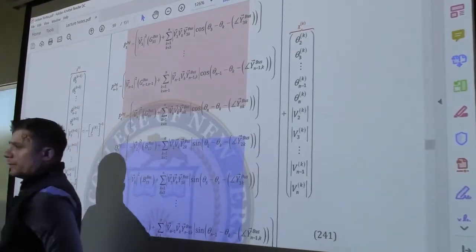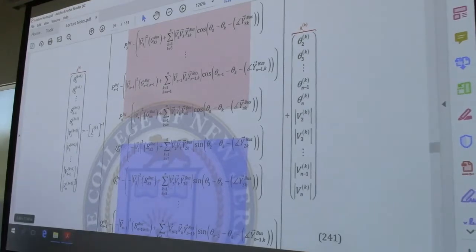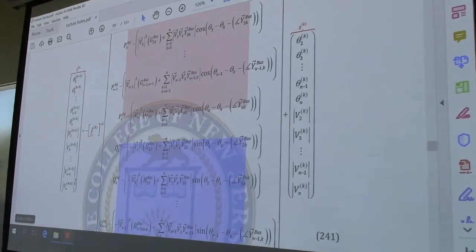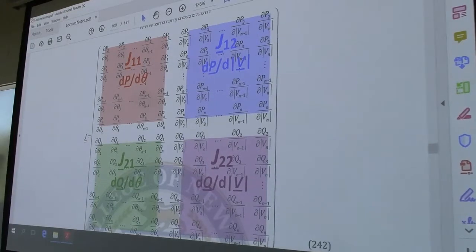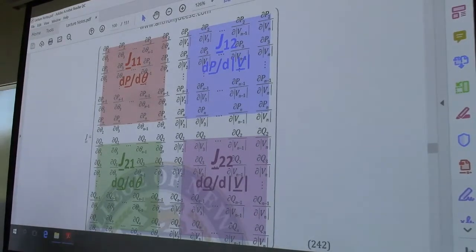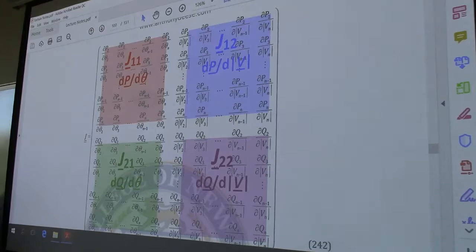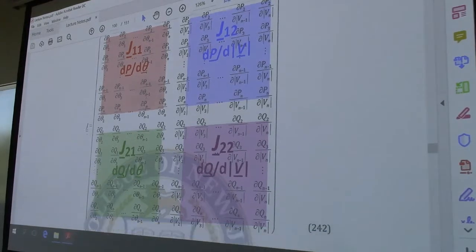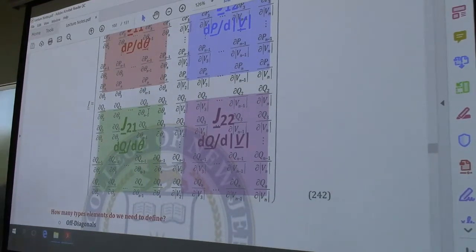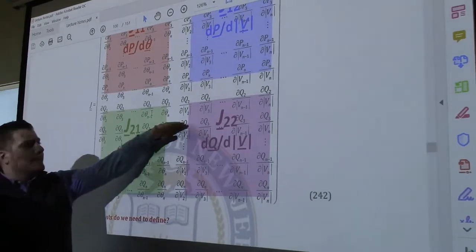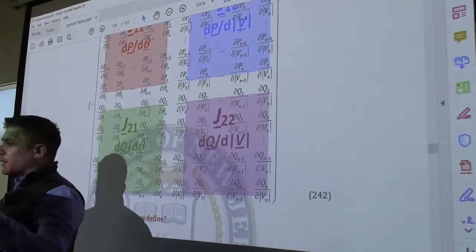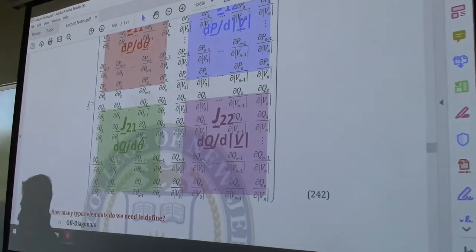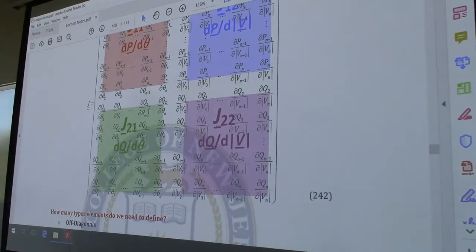Delete it from the array. Then you go to the Jacobian matrix down here. Knock out the whole row that has to do with Q3, and knock out the whole column that has to do with V3, and the whole thing shrinks. So if you originally had a 4 by 4, it shrinks down to a 3 by 3.